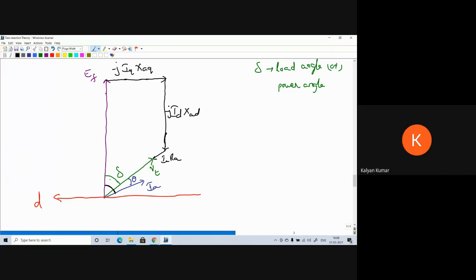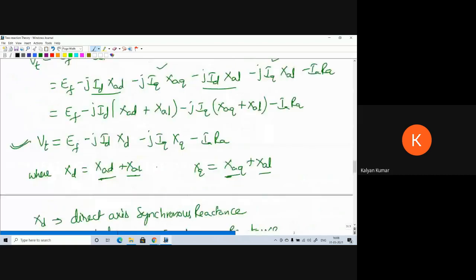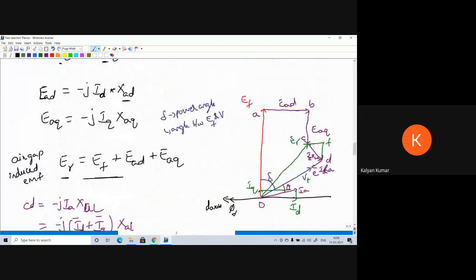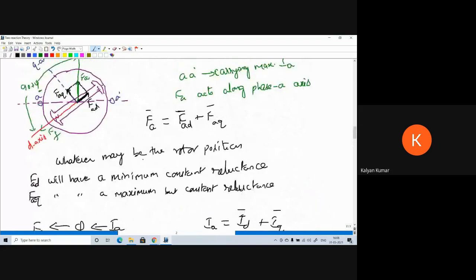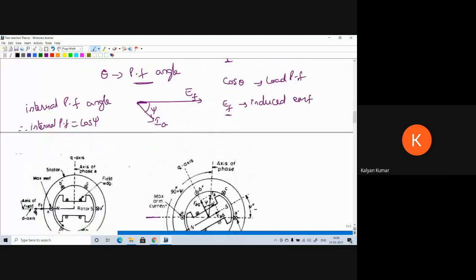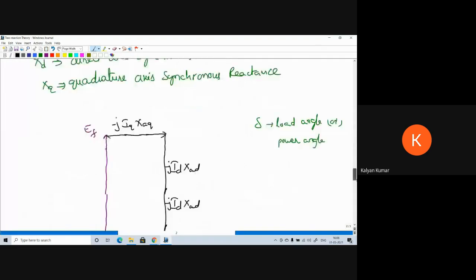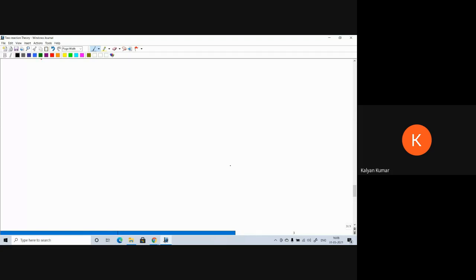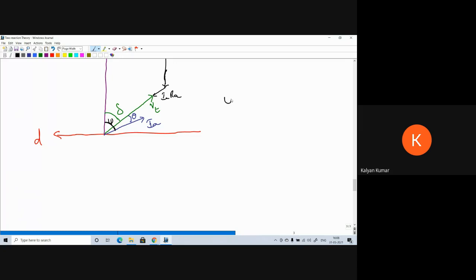IA is going to lag EF by how much angle? That we have considered here, psi. Psi is the angle between EF and IA. Therefore, psi equal to theta plus delta. So this is for this case.